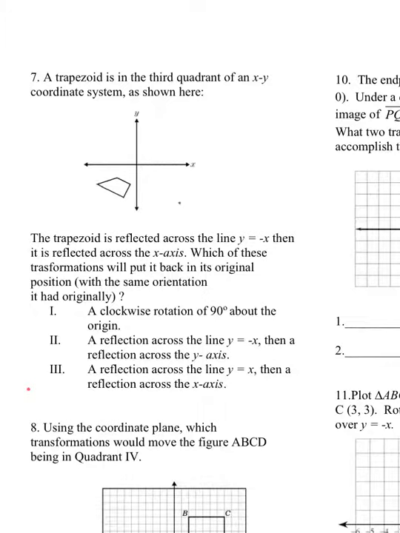across y equals negative x, that's this line. It's going to wind up, let me see if I can do this. Something, obviously not that big, but this is hard to draw. And then you reflect it over the x-axis, and you're going to wind up, let's see, no, that's horrible.